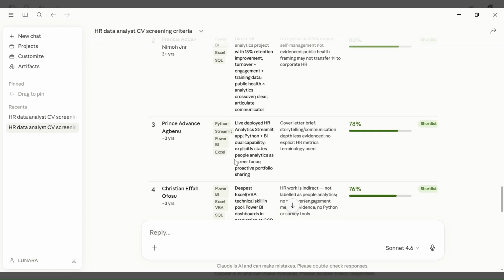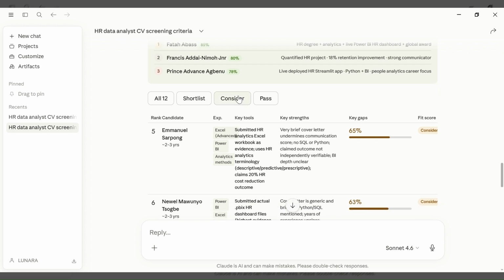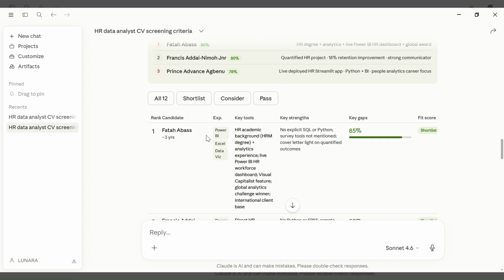You can use this one to know the people that you can consider as well. The all is letting you know the total number of applicants, the CVs that were being compared. Then you can apply the filters to go through them.